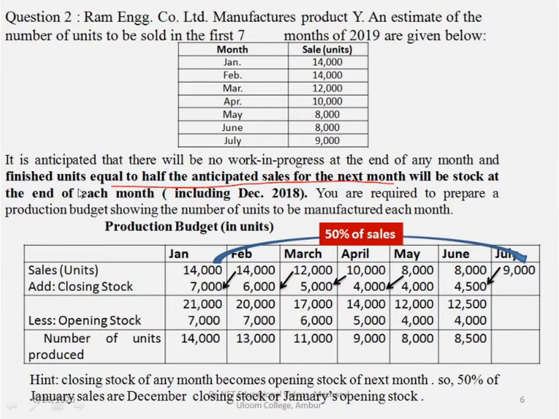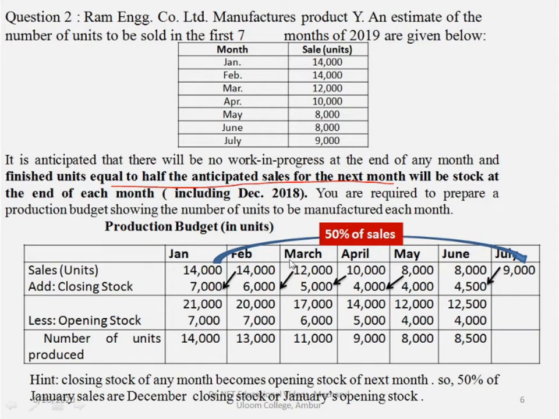Here in the question it is told that finished units are equal to half the anticipated sales for the next month. That is, half of February's sales will be the closing stock of January.